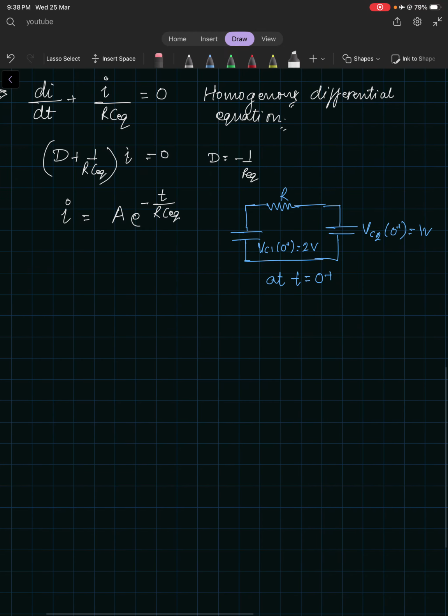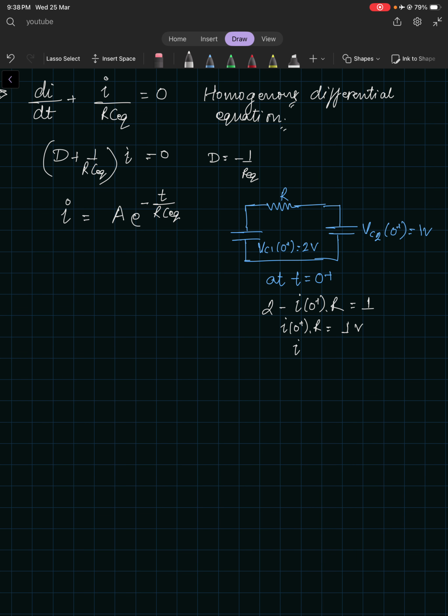So it is already given in the question. We will apply KVL here. So it will become 2 minus I of 0 plus into R is equal to 1, right? So I of 0 plus into R is equal to 1 volt.